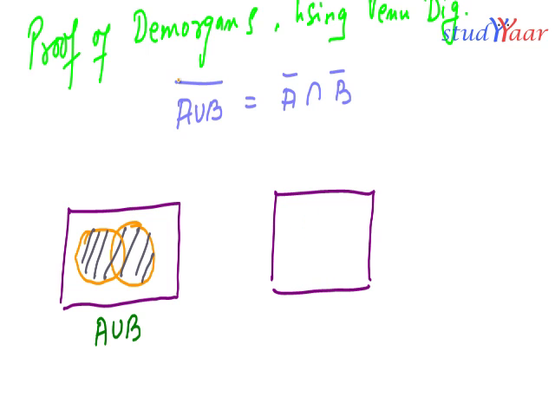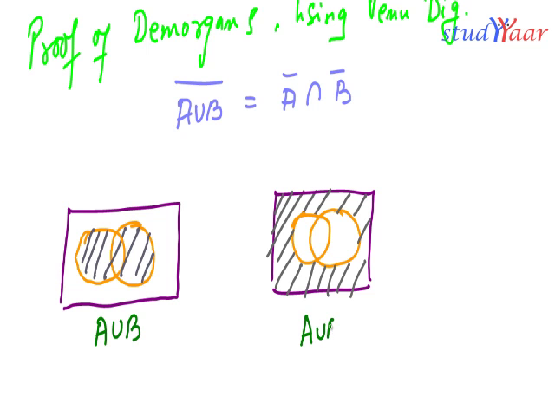I have my A, I have my B, and the complement is all the region which is outside this shaded region. So the complement is this region. So this is your A union B, the whole complement.